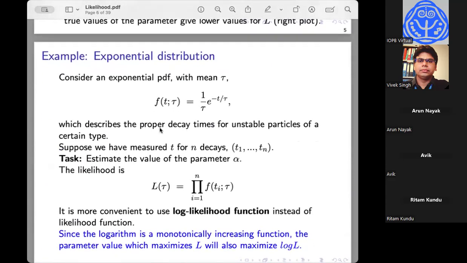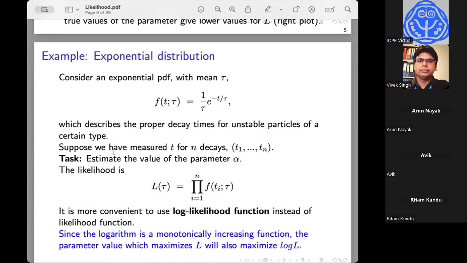Now we can look at another example, the exponential decay, the exponential distribution. Now we consider the exponential PDF with the mean value of the parameter tau, the mean lifetime tau. So it will be 1 over tau times e to the minus t by tau. This describes your proper decay times for radioactive decay.